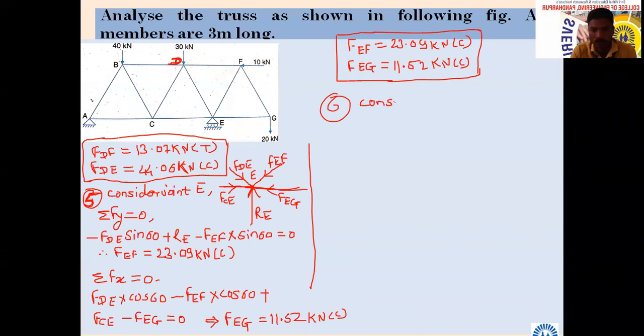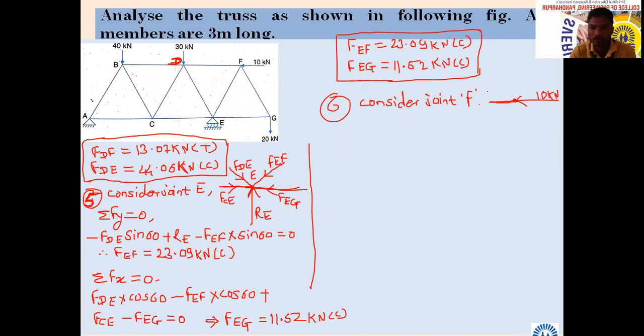So consider joint F. At F, how many members are there? 1, 2, 3, 4. Okay, no issue. I will draw the FBD of F. Here the force of 10 kilonewton is already applied.